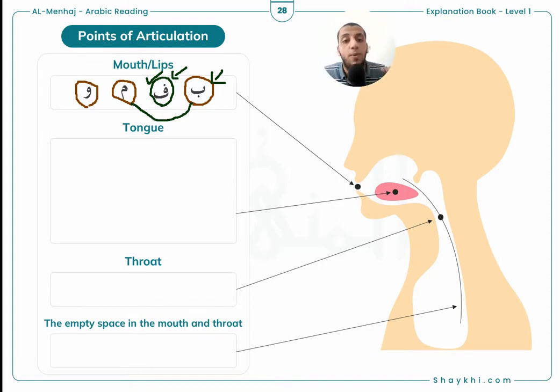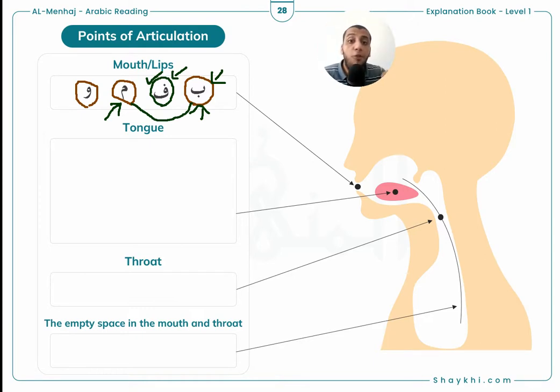So both of them are pronounced by closing or pressing the two lips together. So we will say ab, closing or pressing the two lips together.